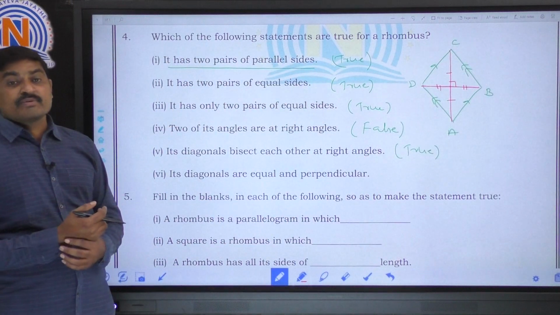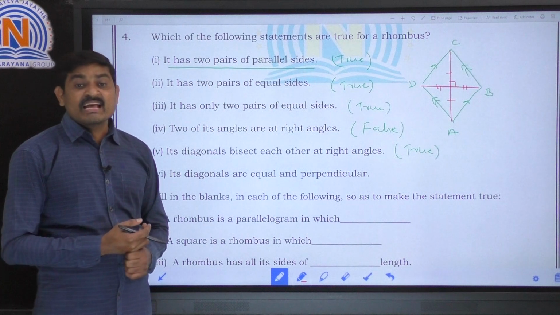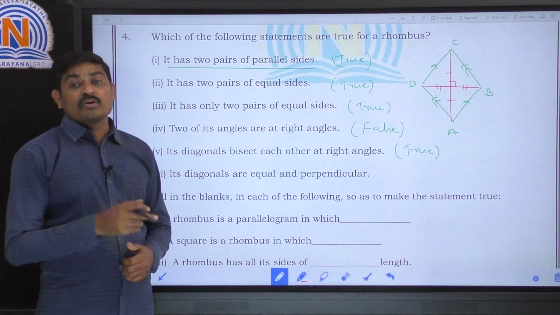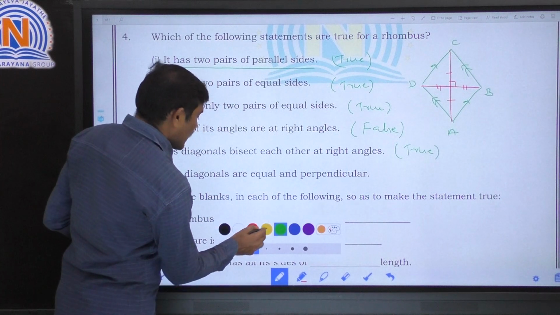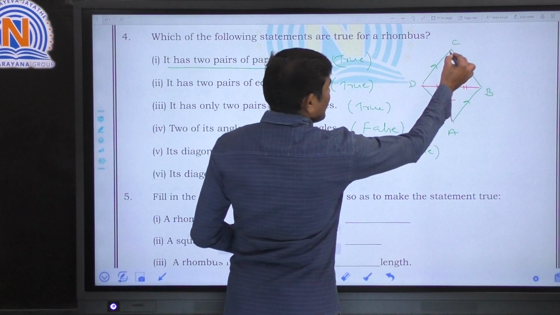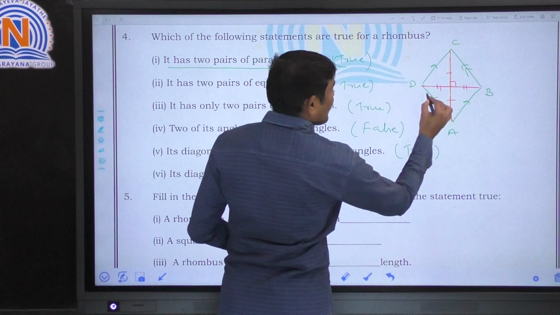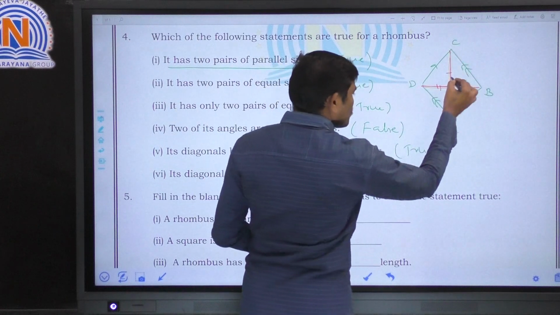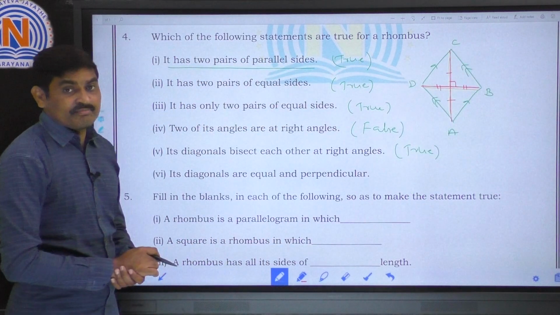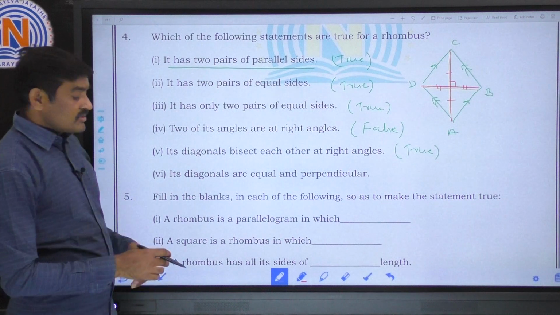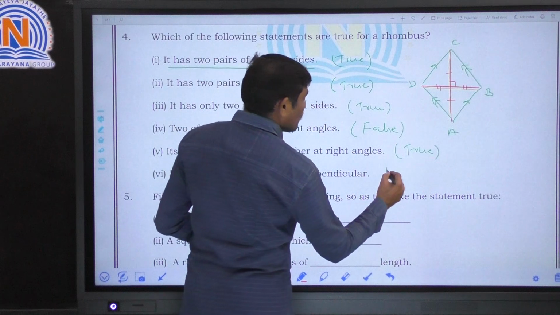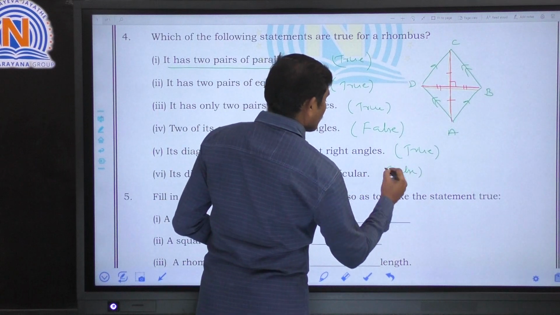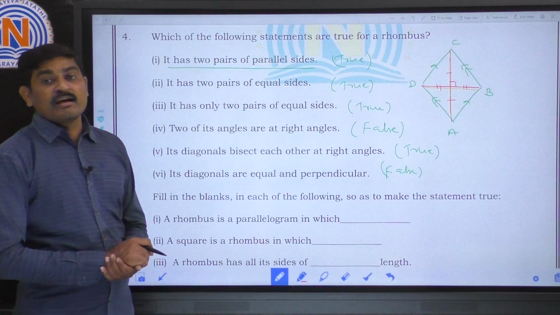Next, the last one: its diagonals are equal and perpendicular. No. In this rhombus, one diagonal is AC and the other diagonal is BD, which is shorter than AC. Both are not equal, so the last statement is false.